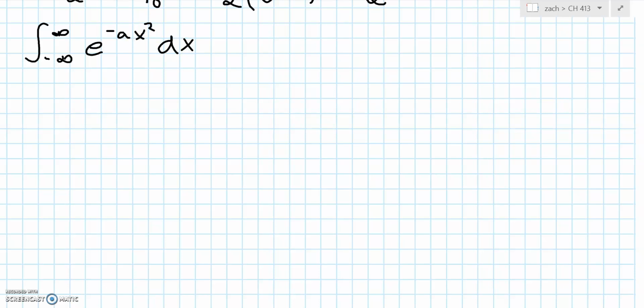So the first thing that we might find it useful to do is actually basically just say x is like a dummy variable.